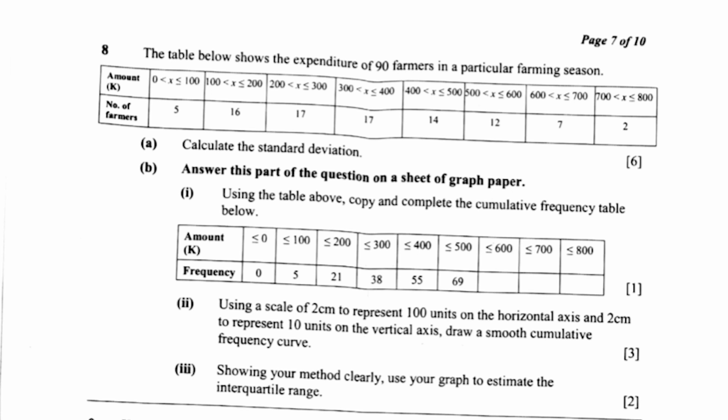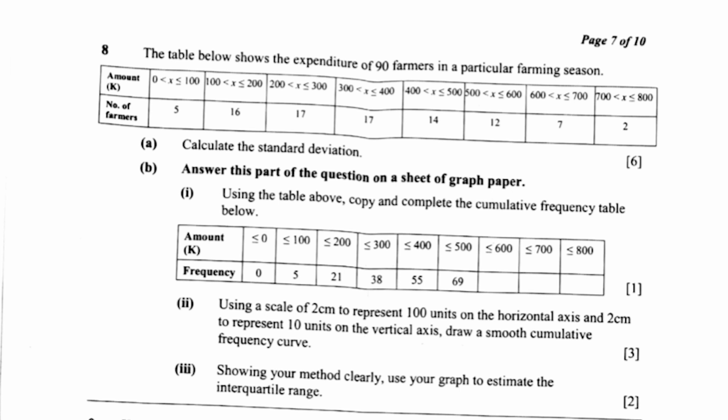We have the amount in quadrature, and also we have the frequency. This is what is going to help us come up with the cumulative frequency curve that we've been asked to find.